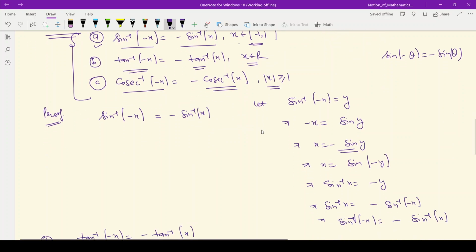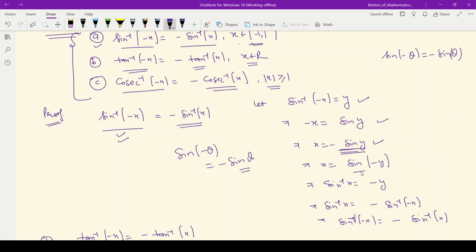Now I am going to prove the first property, that is sine inverse of minus x is minus sine inverse of x. For this purpose I have taken the left hand side equal to y. Ultimately minus x is sine y, or x is minus sine y. As we know, sine of minus theta is equal to minus sine theta. So that particular formula I have utilized here.